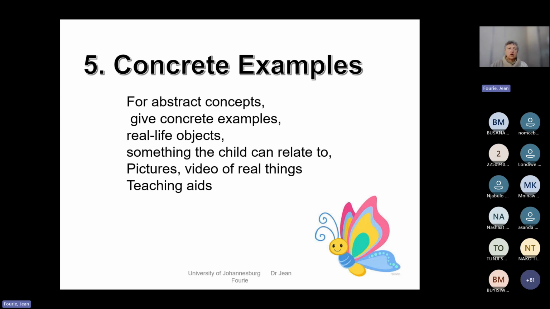So the idea of concrete examples feeds into the information processing model by tapping into our sense of touch and taste and smell and feel, so that we are using as many senses as possible, not only the sense of sight and hearing. So being able to really get other senses involved is very, very useful in assisting with this.